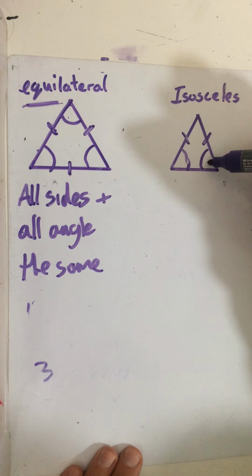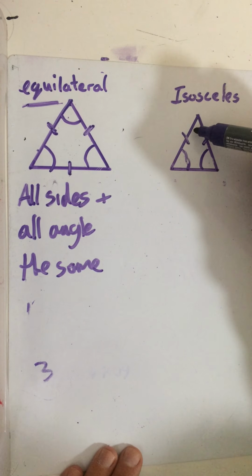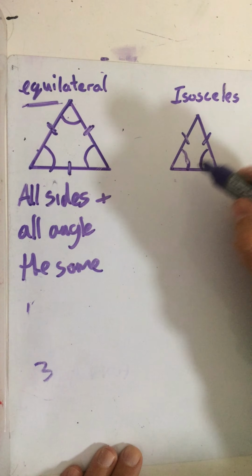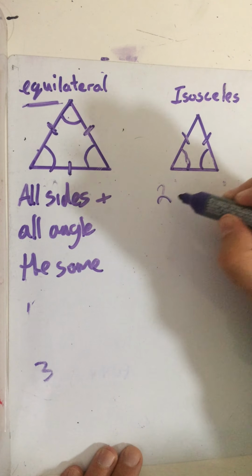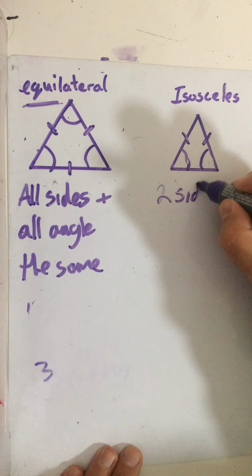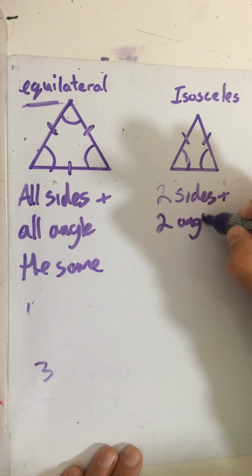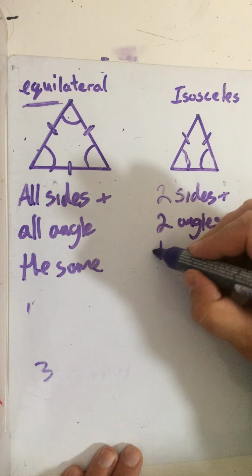So these two are the same. As long as we've got this angle here, we can work out what these angles are. So with an isosceles, you have two sides plus two angles that are the same.